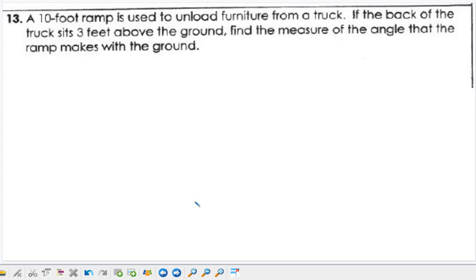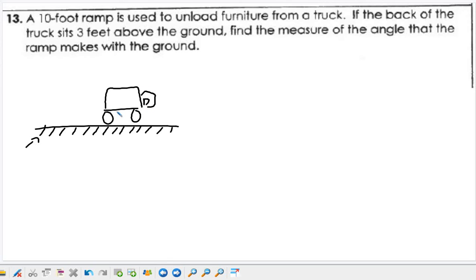Number 13, a 10-foot ramp is used to unload furniture from a truck. If the back of the truck sits 3 feet above the ground, find the measure of the angle the ramp makes to the ground. Okay, so not in physics yet, but this is just a typical way you indicate ground. Okay, so I have a truck. Don't make fun of my truck. It's a truck. It has a ramp to unload furniture from the truck.